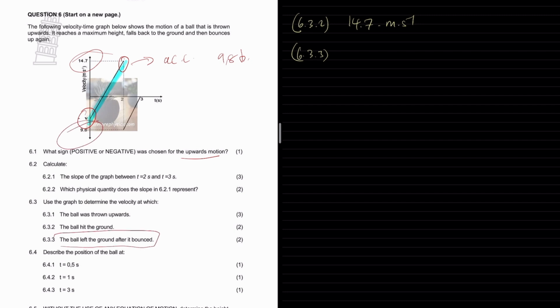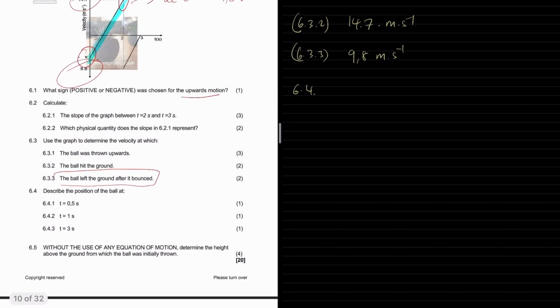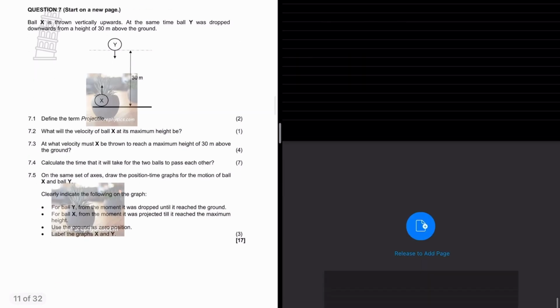It left the ground at 9.8 meters per second. Now question 6.4 and question 6.5, they were removed. So even though we could calculate it, it's not worth our time because it was removed for some reason or the other. Let's take a look at question number 7.